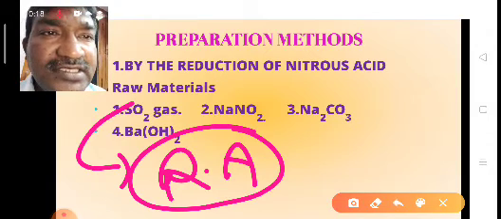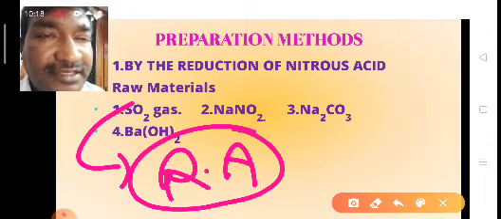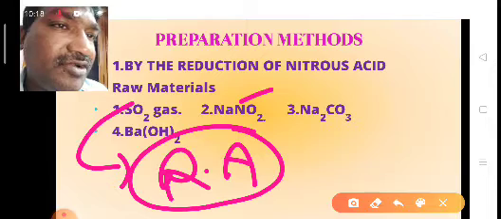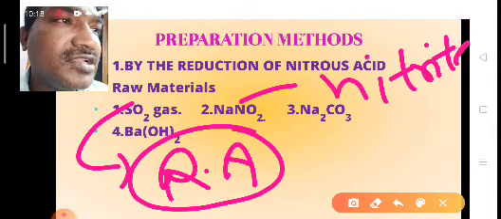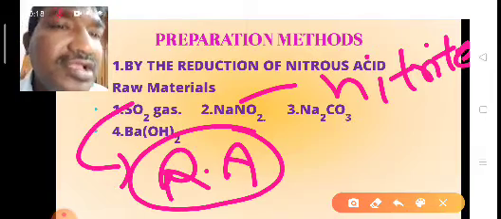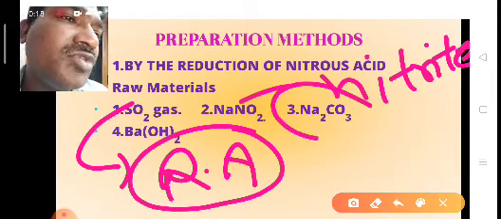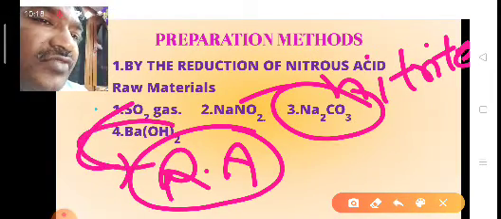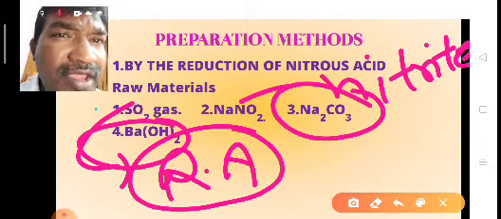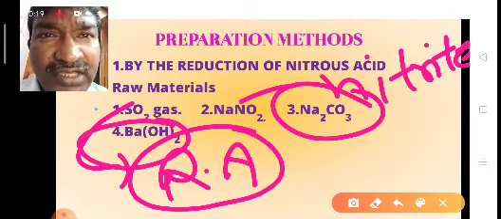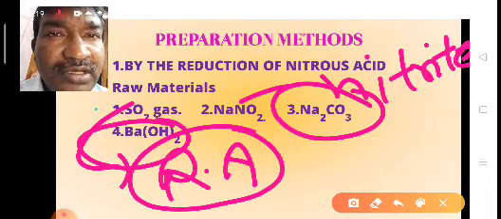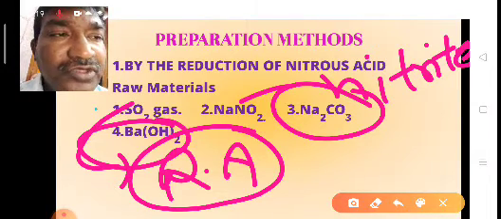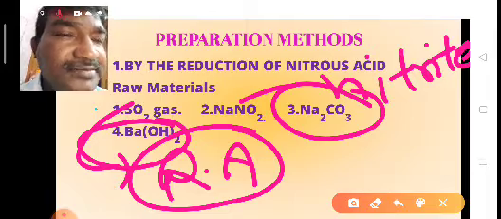And the second one is the sodium nitrite. This is salt of the nitrous acid, so we call it as the nitrite. And third, sodium carbonate. And the fourth one is the barium hydroxide. So these are the 4 materials we use in the preparation of the hydroxylamine by using the nitrous acid.